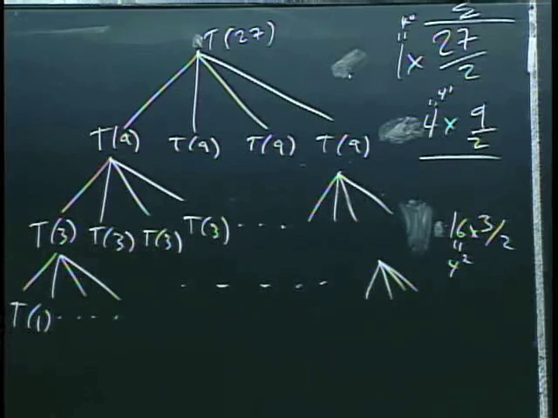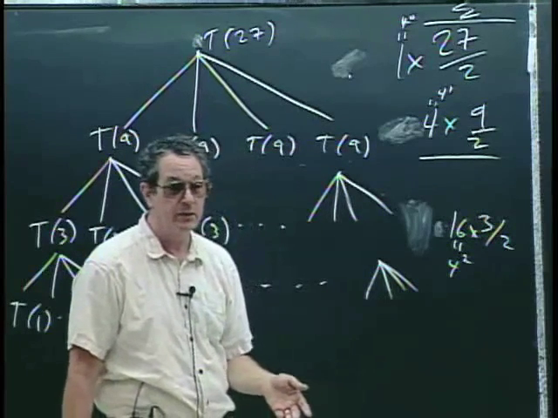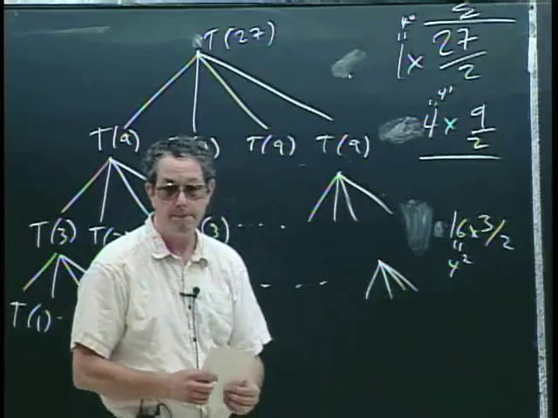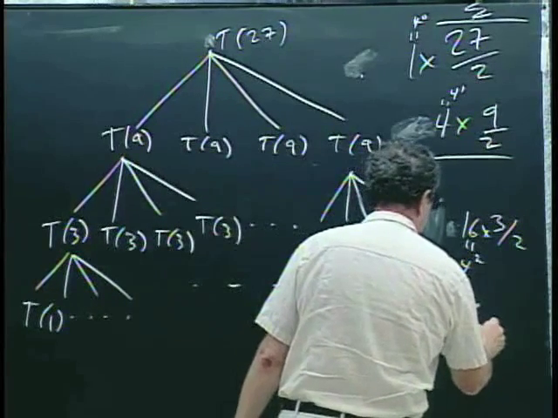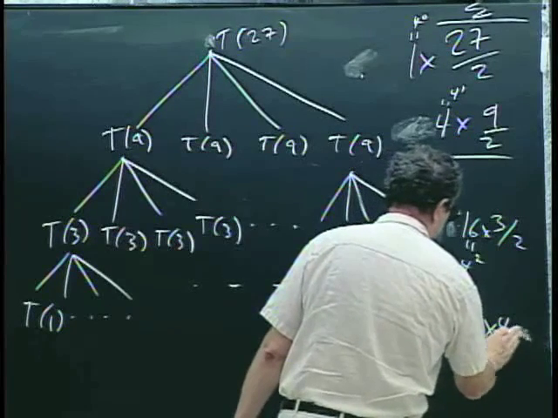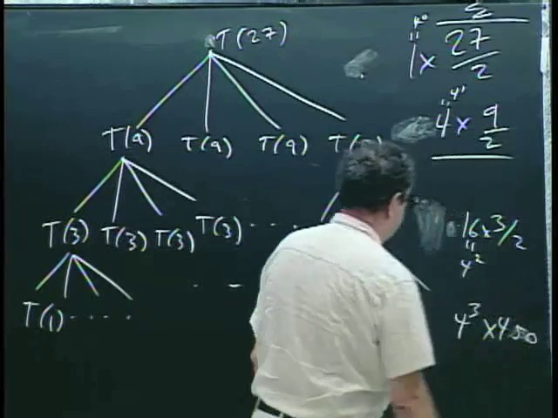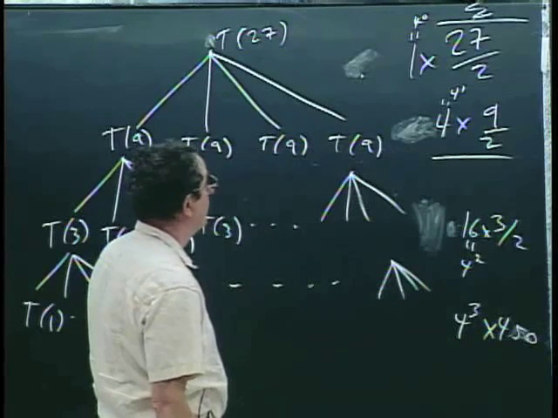Okay, each T1 is 450, and how many do we have of them? 64 of them. But to be more suggestive in terms of the overall pattern, 64 is what? 4 to the third, times 450, which is the T1. Okay, and then we're done.